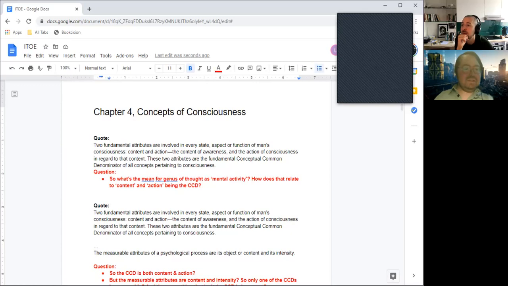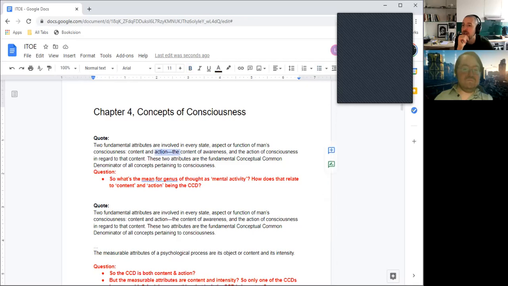All right, let me just read this because I don't know what I'm asking. Content and action. Okay, that's in every state of consciousness. Yeah. Okay, and these are the CCD of all concepts. So, yeah, now I'm confused about, I wrote down thought, the genus of thought as mental activity, but how, like, I've taken action.